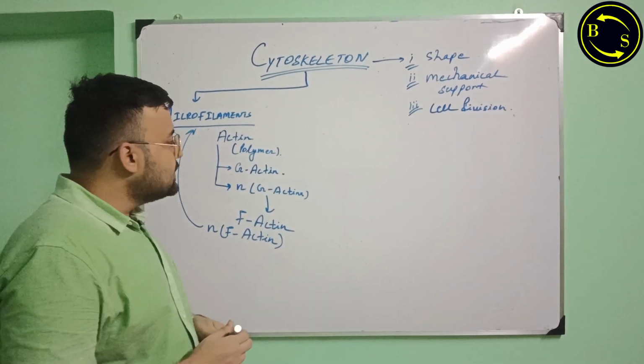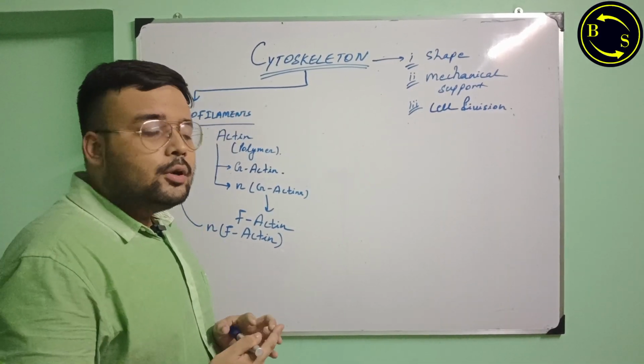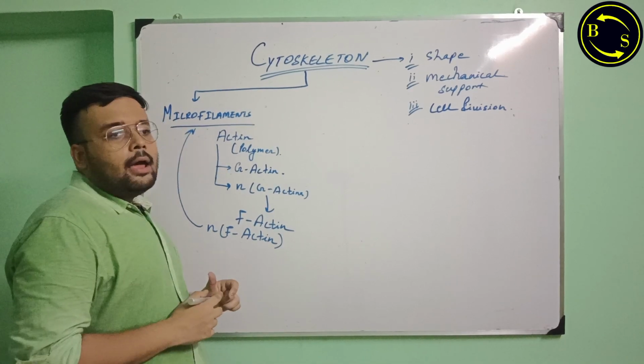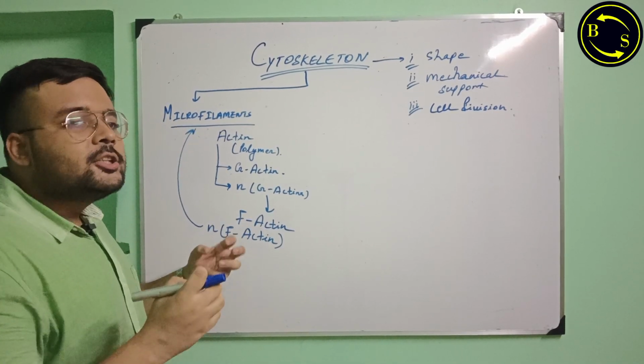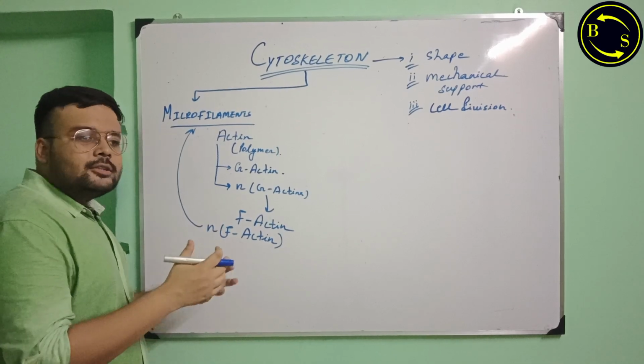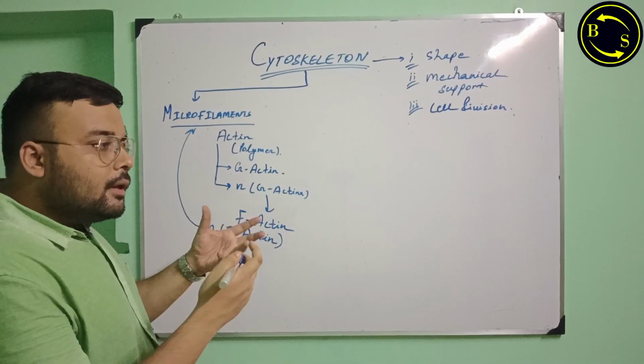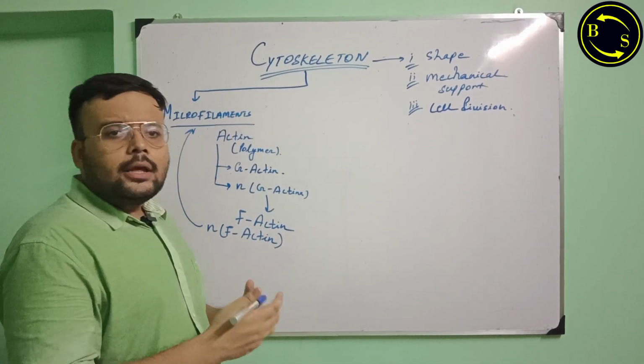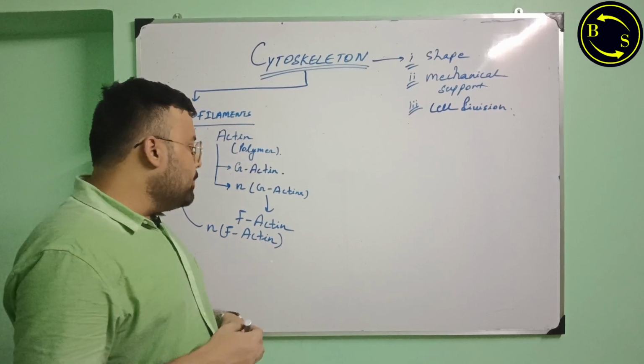These microfilaments help in maintaining the cellular shape and also help in contraction and expansion of the various organelles of the cell, and in some cases the pseudopodia also, as we see in the amoeba.